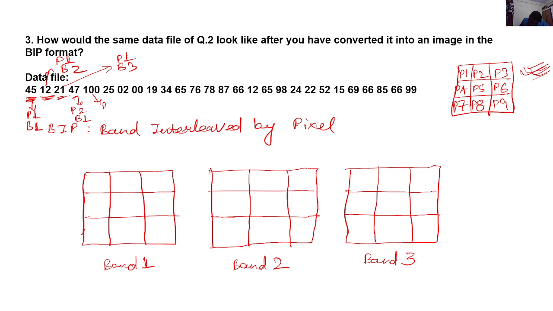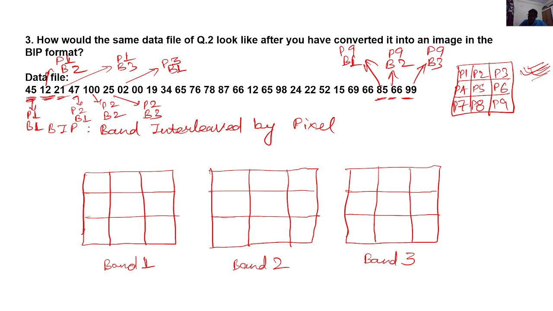Then 100 would go to pixel location number 2 of band 2. 25 will go to pixel location 2 of band 3. 02 will go to pixel location number 3 of band 1, and so on. This is how we will move. Finally, 99 will move into pixel location number 9 of band 3, 66 into pixel location 9 of band 2, and 85 into pixel location 9 of band 1. So this is how we will fill it.